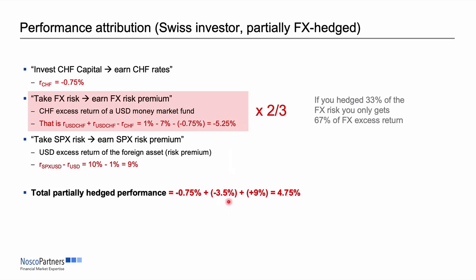So the total return the partially hedged Swiss franc investor gets is still the minus 75 basis points Swiss franc interest rate plus the partially hedged FX excess return. That means 2/3 of the negative FX excess return plus the 9% equity return. And if you calculate that together, you get 4.75%.